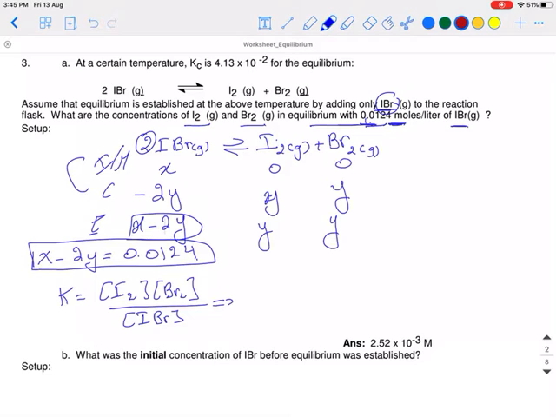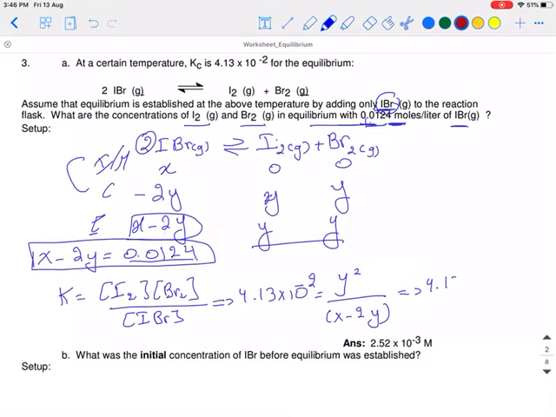K is given to me, its value 4.13 times 10 negative 2 equal y times y at equilibrium, which is y square over x minus 2y. And x minus 2y, I have its value, which is 0.0124.